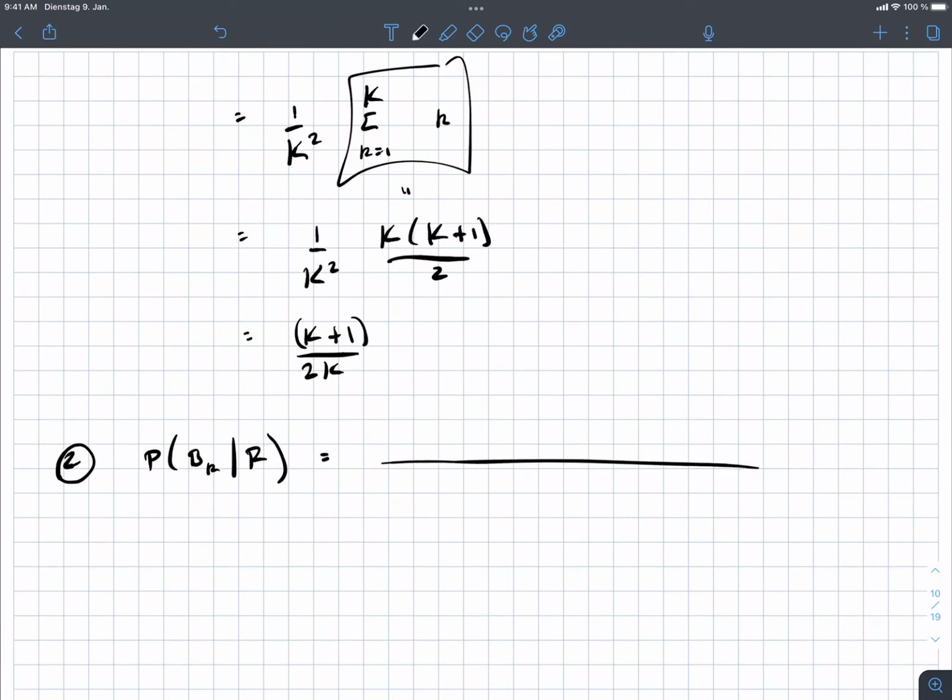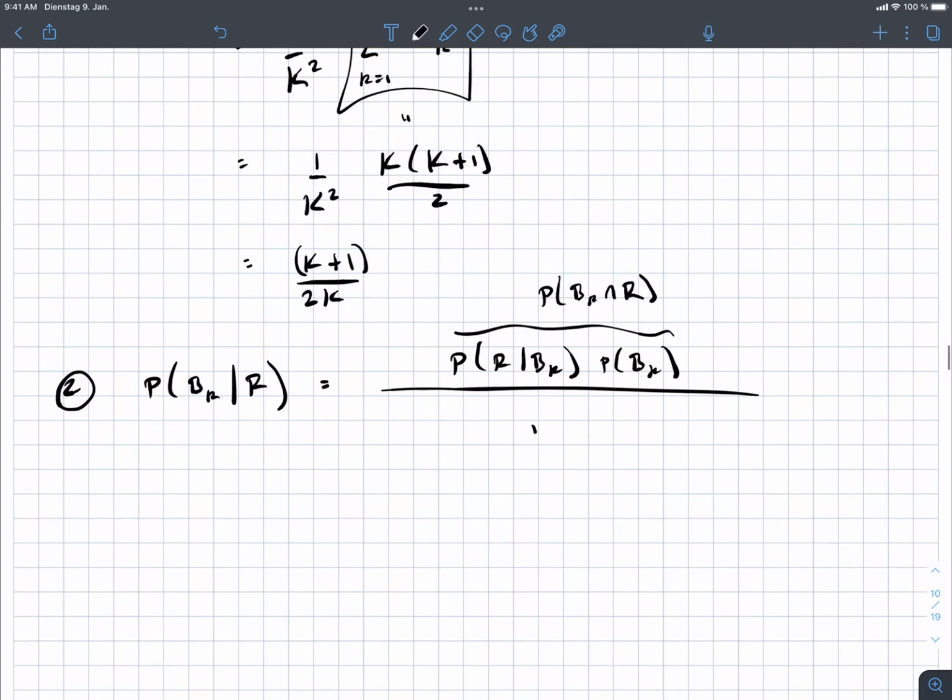So in the numerator, I'm going to flip the conditionality. This just stands in for my intersection probability. And then in the bottom, I've got the probability of drawing a red marble at all.